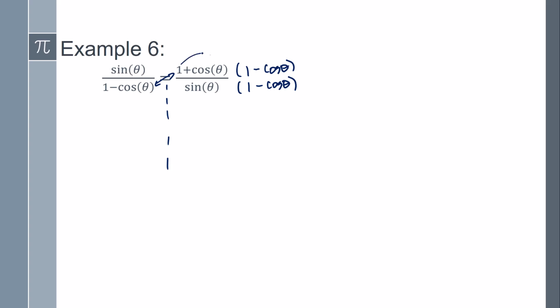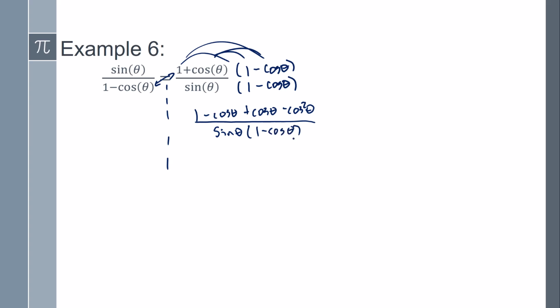So distributing, 1 times 1 minus cosine plus cosine minus cosine squared. Those are going to cancel out. So I have 1 minus cosine squared theta. Again, that's a Pythagorean identity. So sine squared theta plus cosine squared theta equals 1.